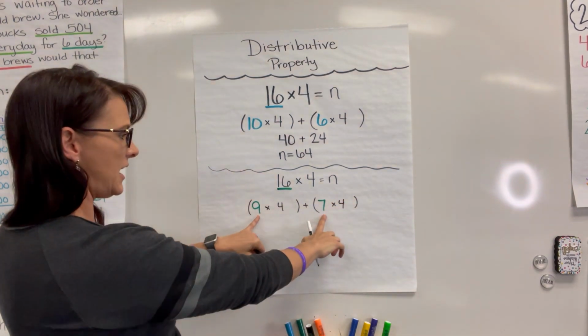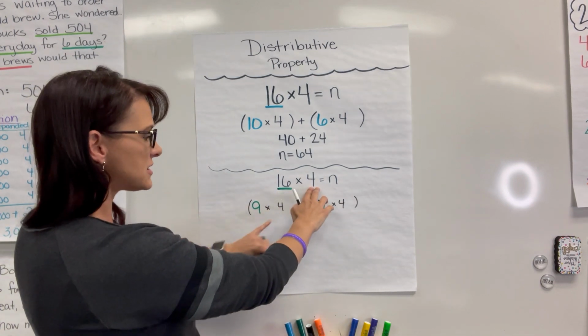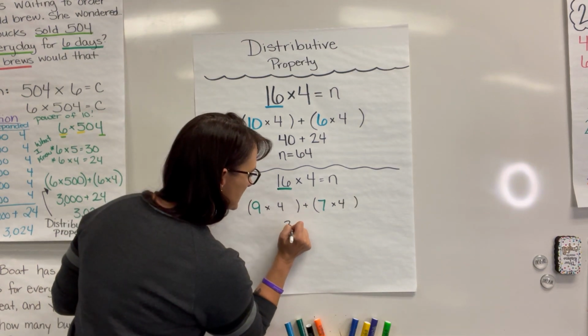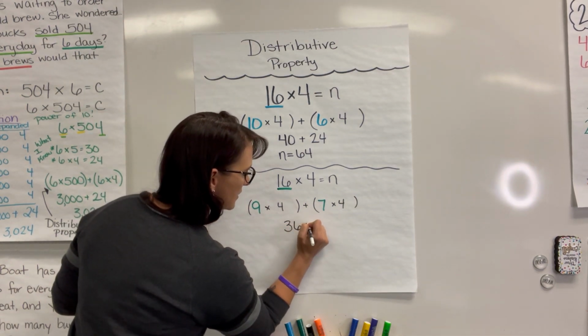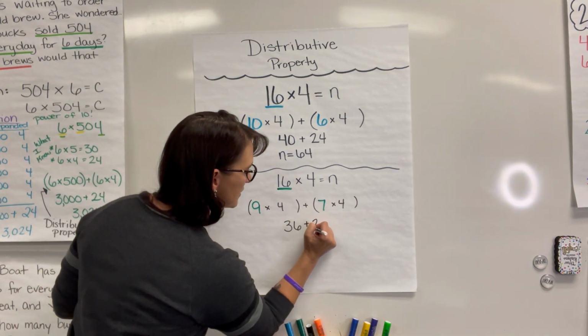Both amounts are being multiplied by 4. So 9 times 4 is 36. 7 times 4 is 28.